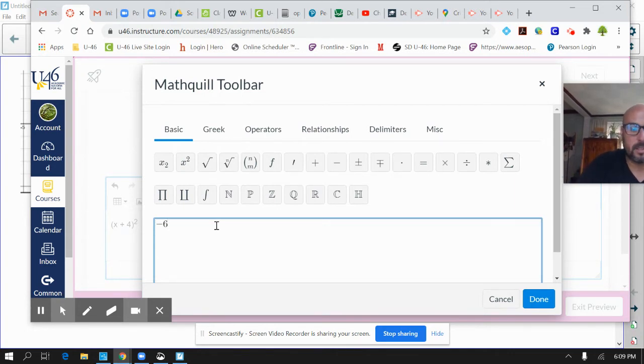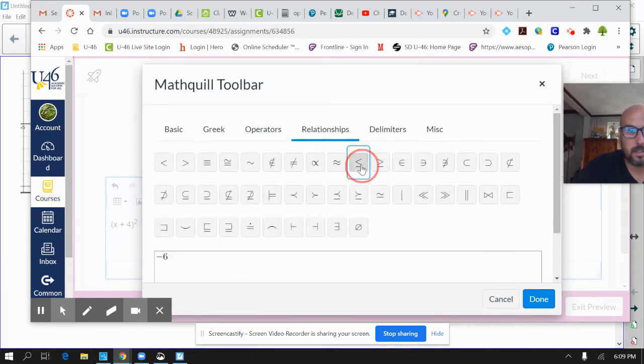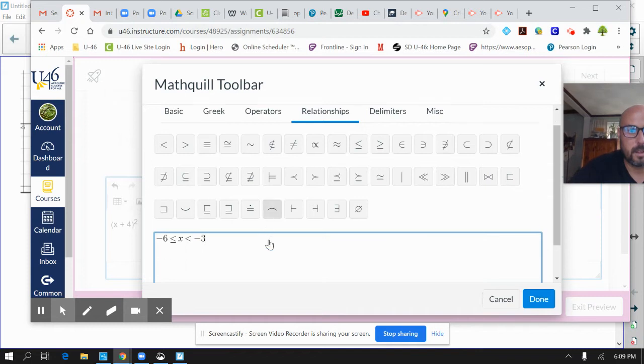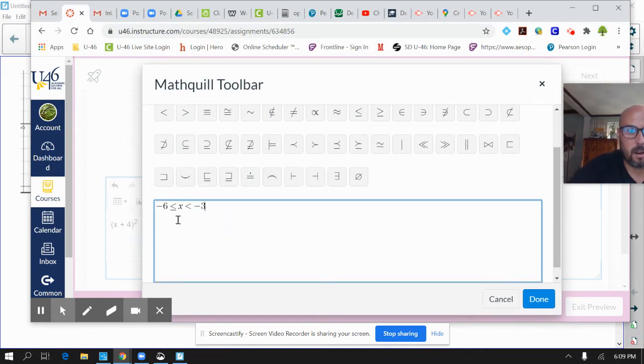So x has to be greater than or equal to -6. So let me just write that out. X is greater than or equal to -6. But x has to, at the same time, be less than -3. This is the correct domain for that parabola part.